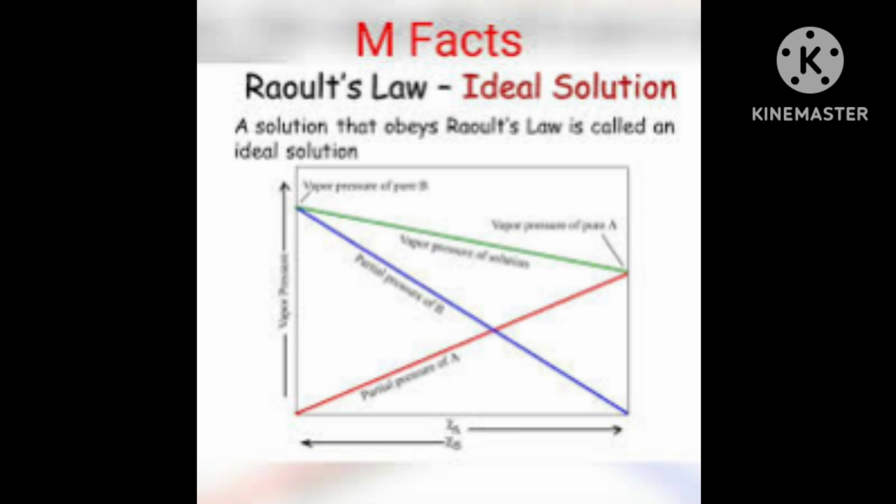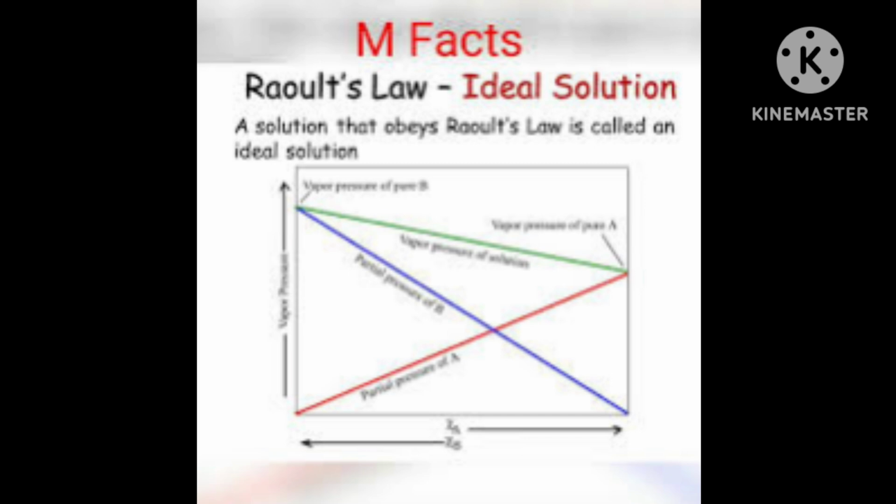Same way, for the second triangle, x2 is equal to 0 at the start, and when the mole fraction became x2 equal to 1, the pressure was high.